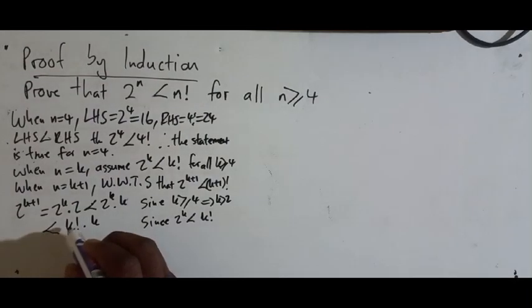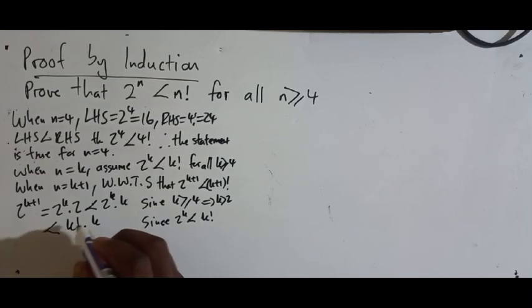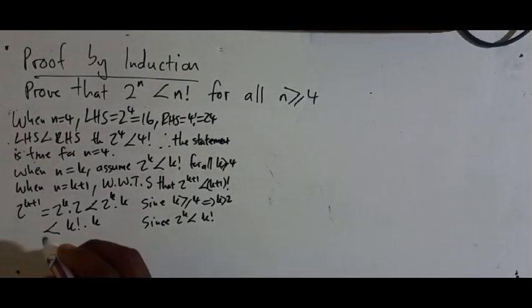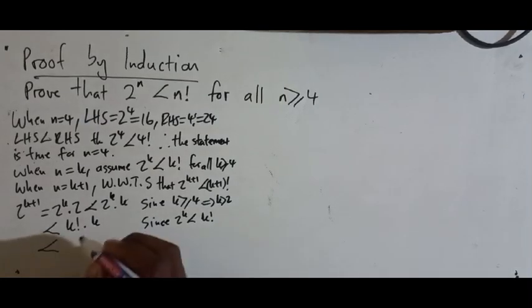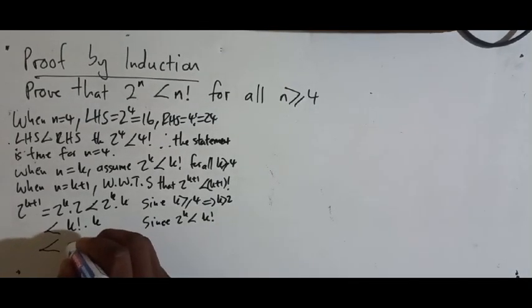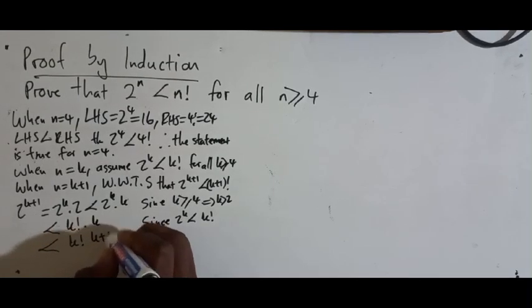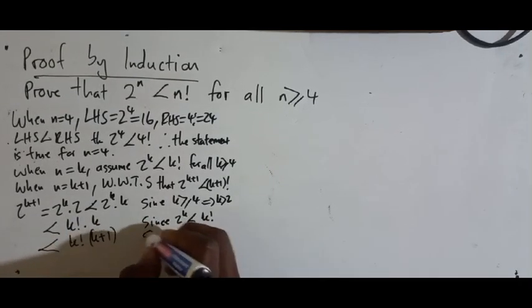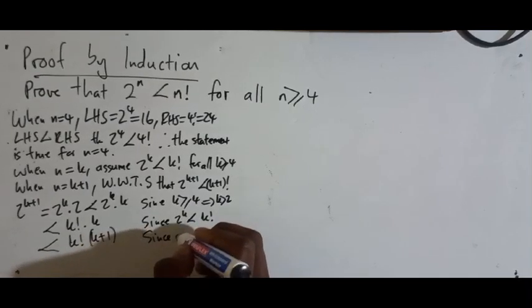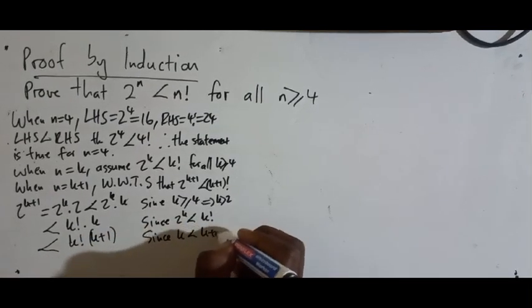So we now have k factorial times k. Again, this is less than k factorial times k plus 1. This is clear since k is less than k plus 1.